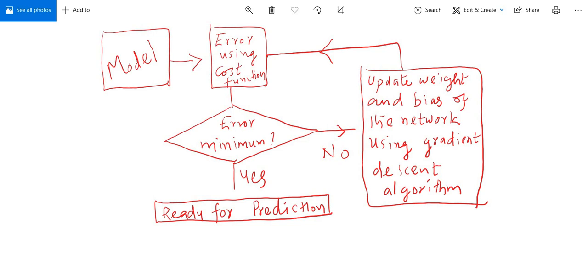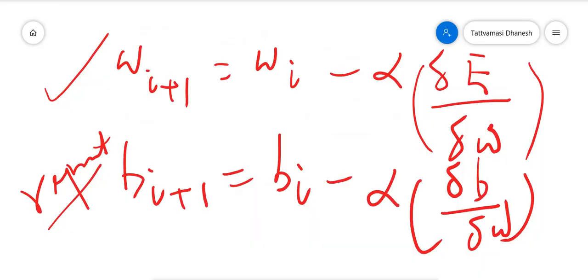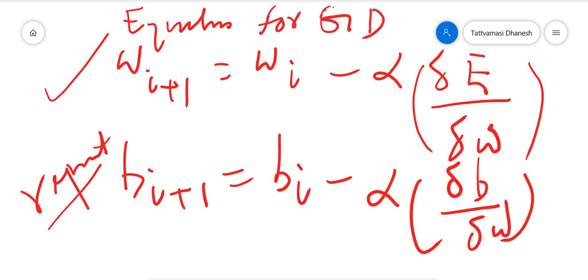And the equations for gradient descent, I have already told you, these are all the equations for the gradient descent algorithm.